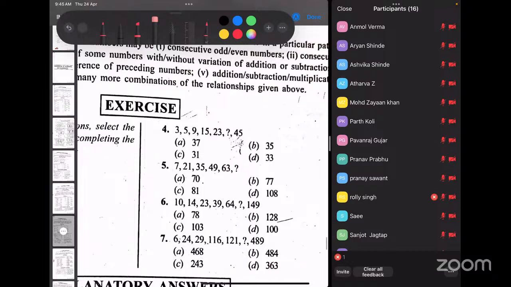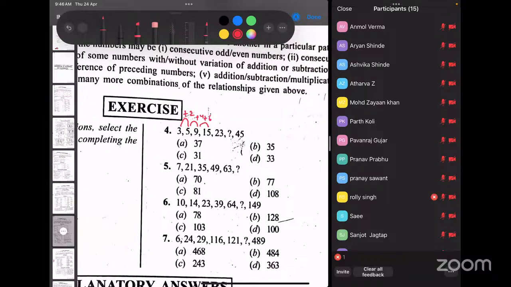What will be the answer in this case? 3, 5, 9, 15, 23 and 45. If I look here, this is plus 2. This is plus 4. This is how much?